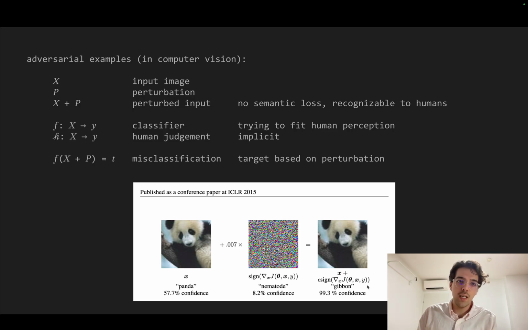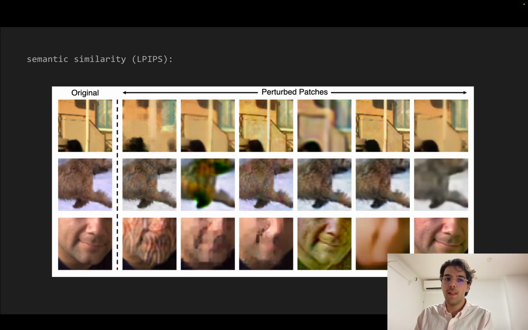Of course, this is just a very simplistic example, and it could be applied to all kinds of computer vision models like detection tasks, semantic segmentation, etc. But this is just an example to get started, which isn't too exciting. Talking about semantic similarity, where we set a threshold, here we have LPIPS with the original images and some perturbed patches with different epsilon.